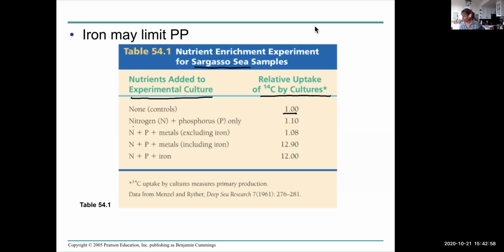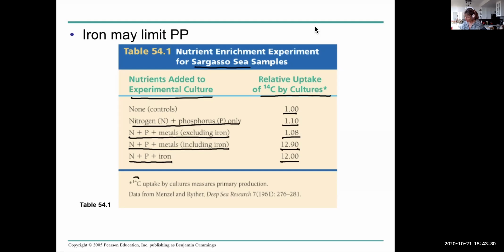If nitrogen and phosphorus are added, it goes up slightly. If phosphorus and nitrogen plus other metals were added, it also went up slightly. If nitrogen, phosphorus, and metals, including iron, are added, the relative uptake went up considerably. And when nitrogen, phosphorus, and iron were added, it also went up considerably.